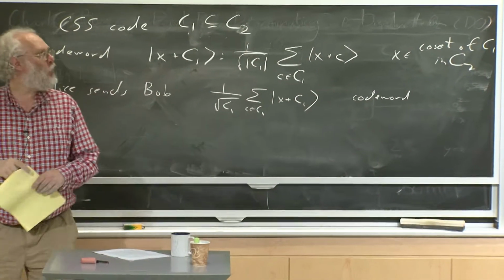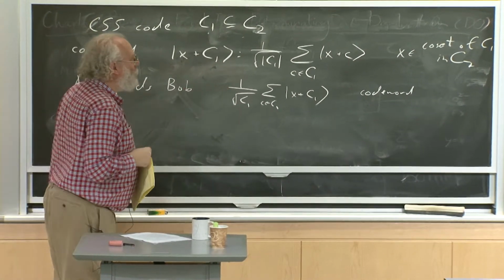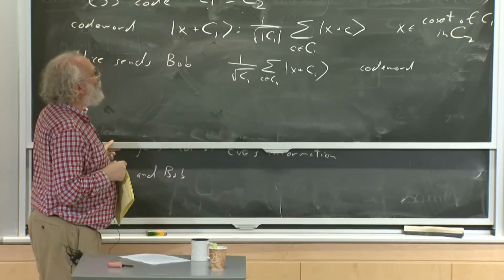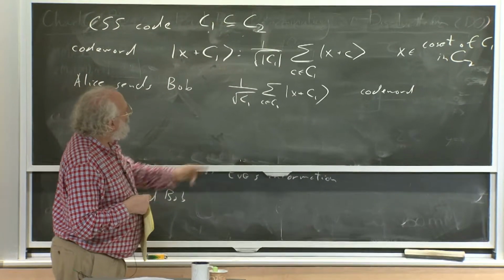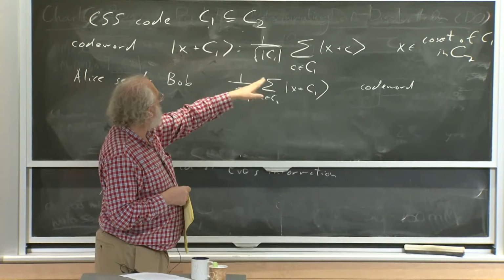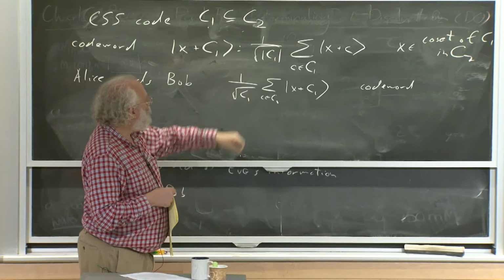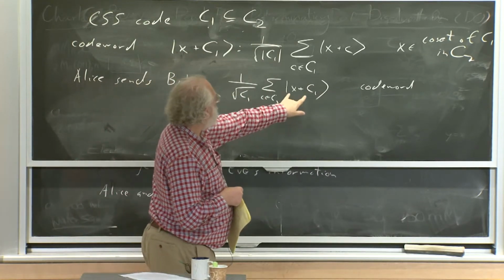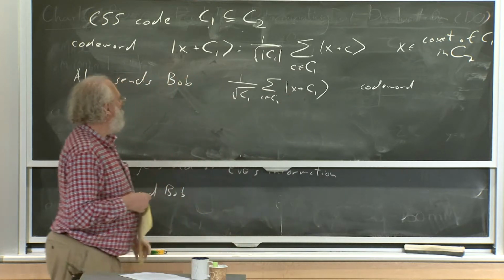So here is where maybe I should have introduced the mathematical notation for cosets, but I'll see if I can get away without it. So she takes a random coset of C1 in C2 and encodes it.